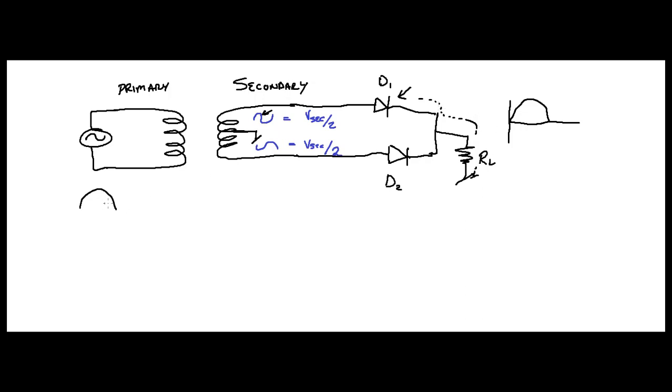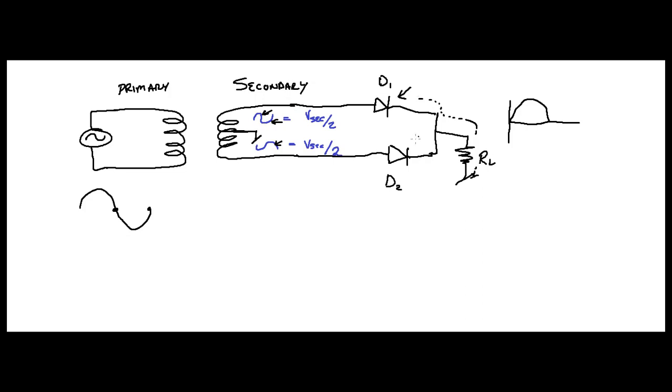Now, the next part is this part. What happens now when it does this? Now, if you notice, this part here goes negative, doesn't it? But this part here goes positive. By the way, before we even go there, I forgot something.